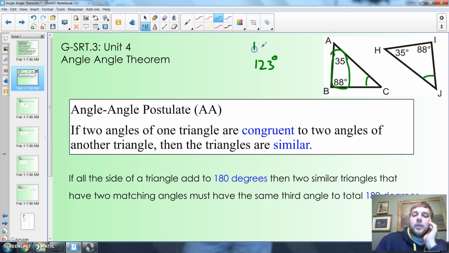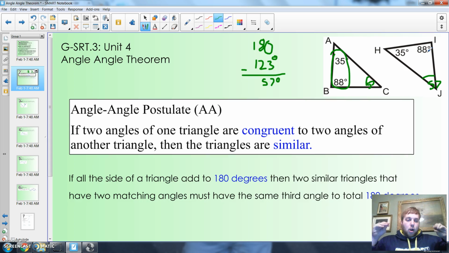Well, I know each triangle is 180, correct? So I'm going to go 180 minus 123 and that's 57, I think. So I know this is 57, and guess what? If that's 57, it's the same deal. This has to be 57 over here. Because if I add those up, I'm going to get 123.